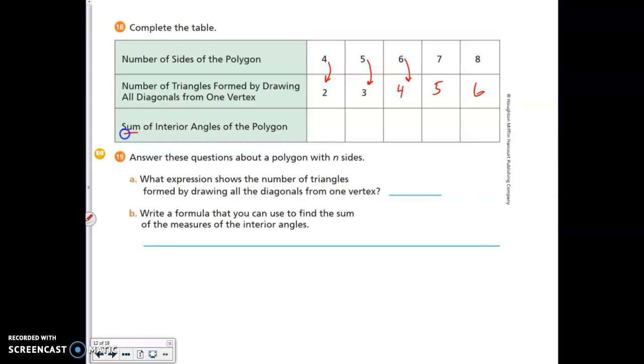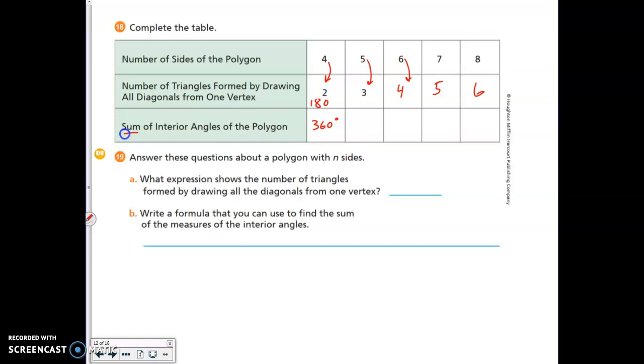Now I showed you on the last page in the beginning part of this lesson that we can look at this and say if those are the number of triangles and every triangle we know has a total of 180 degrees in angles, we can then multiply that number or add 180 that many times. All right, so 2 times 180, or 180 plus 180, I showed you before that all quadrilaterals will have a sum of the interior angles of 360.